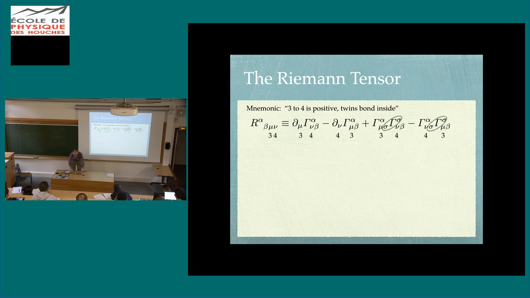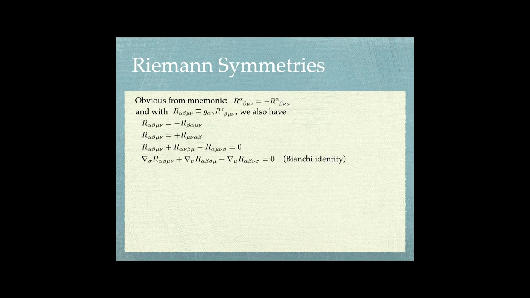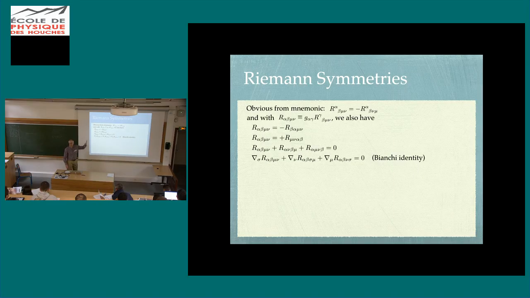Okay? So there are symmetries to the Riemann tensor that are very important to get a hold of. This one is obvious because 3 to 4 is positive, 4 to 3 is negative. Both terms are, and so if you switch those last two indices, you get minus the same thing.